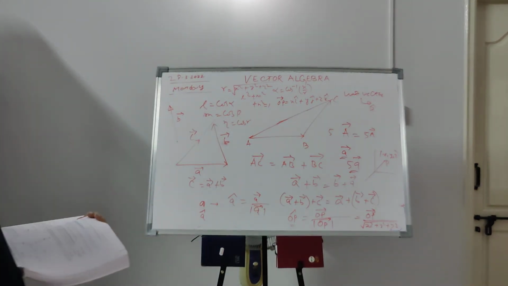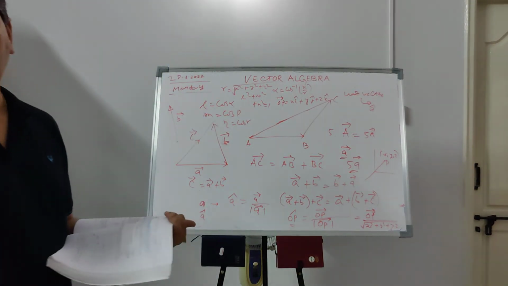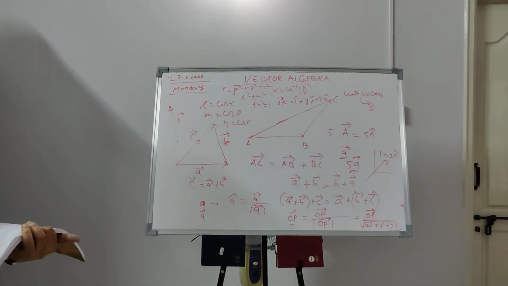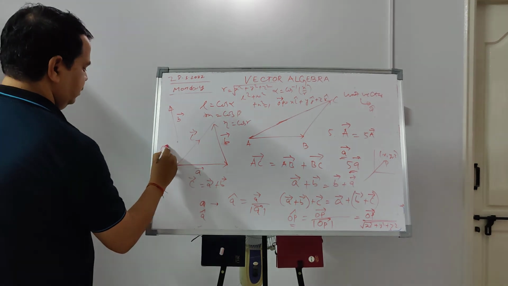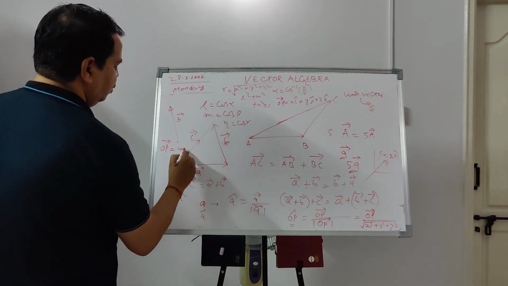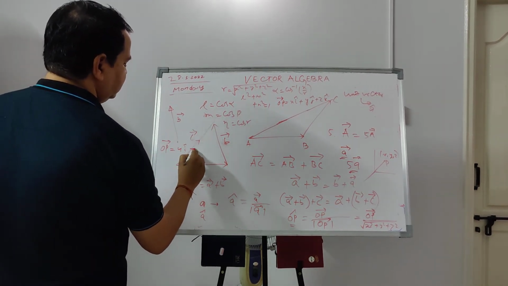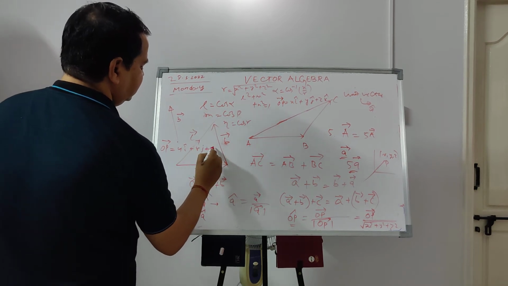So a unit vector is again a vector. Say somebody says my OP is equal to 4i plus 5j plus 6k.